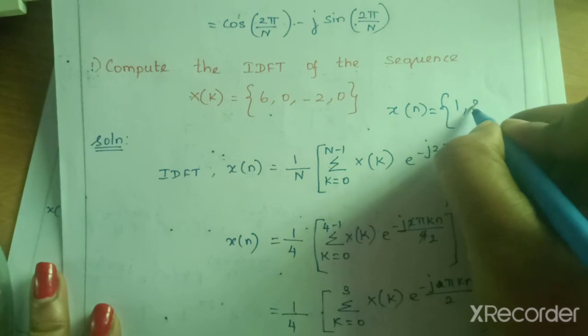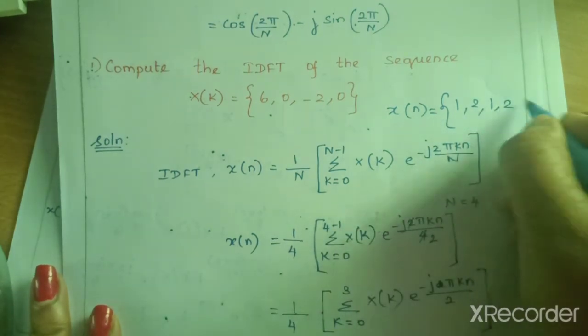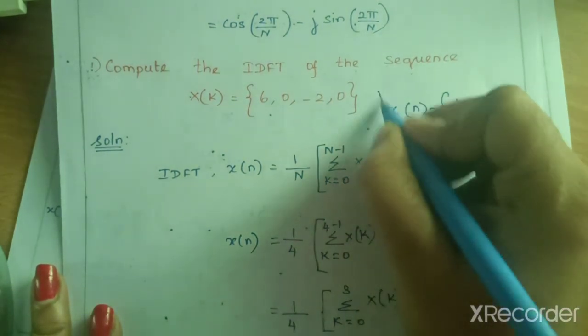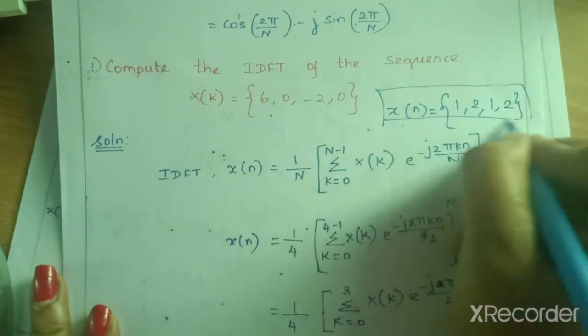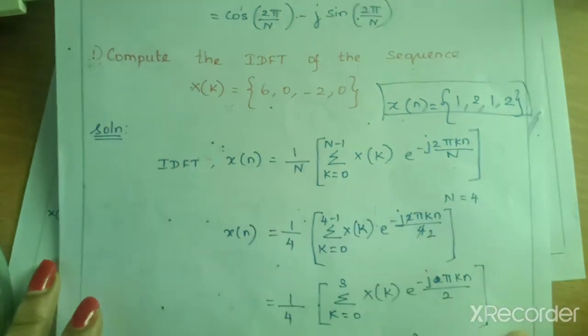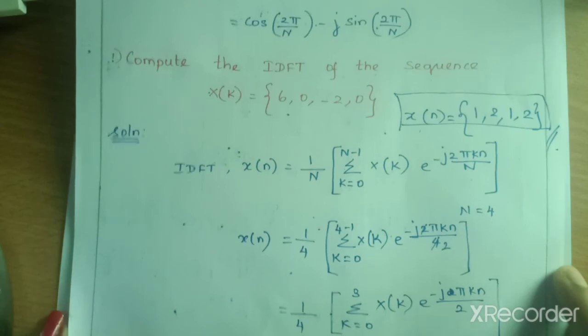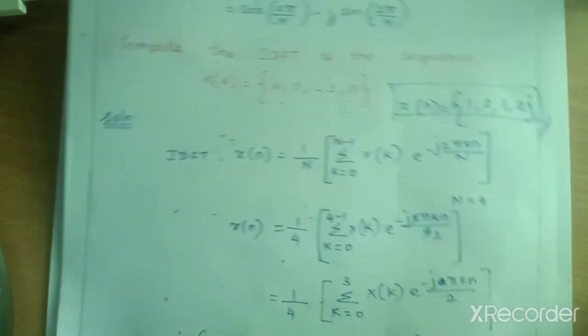So 1, 2, 1, 2 will be the answer. So this is the inverse discrete Fourier transform.